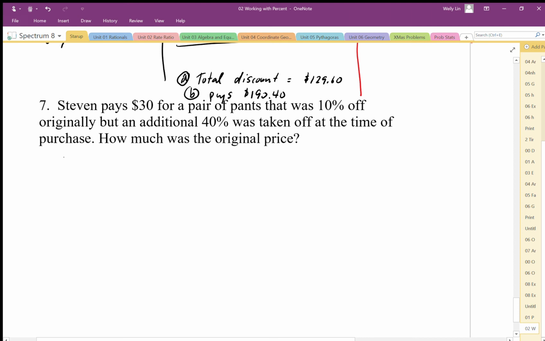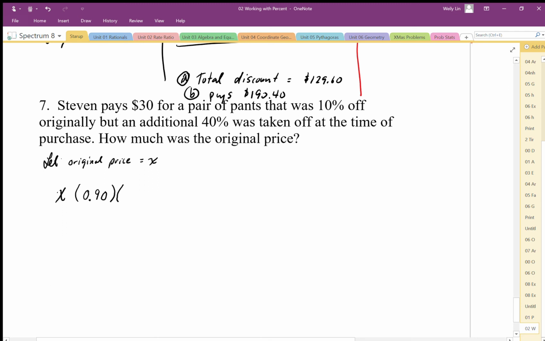Let's let the original price be X. The calculation looks like this: the original price times 10% off. We're not going to times 10% and subtract. We're going to use our multiplier, 90%. We don't want to be messing with the 10% that we'd subtract. We want to keep this all as times and divide. So my multiplier is 90%.